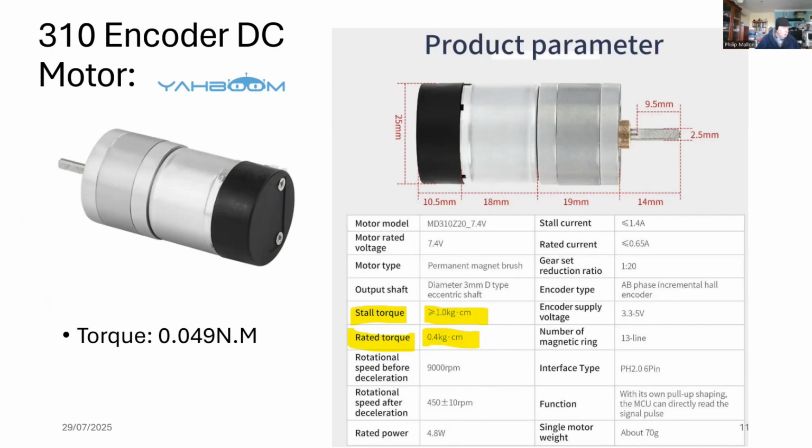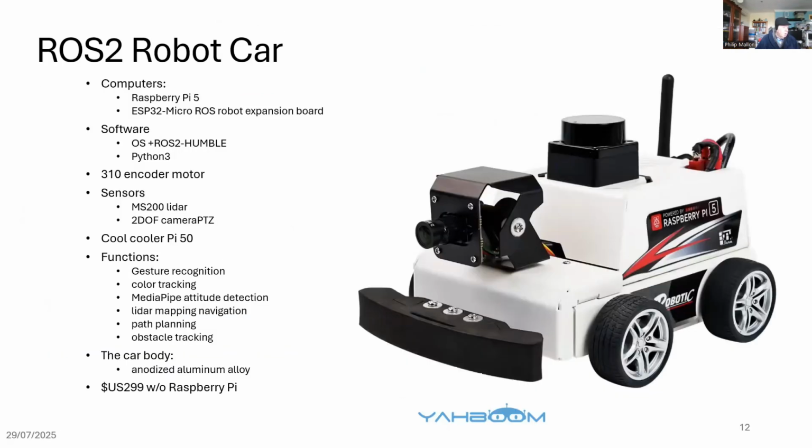The torque on that one is beginning to increase, almost just under 0.05 Newton meters. And that's used in the robot car, and this robot car uses a Raspberry Pi. It's one of the lowest cost that comes from Boom.